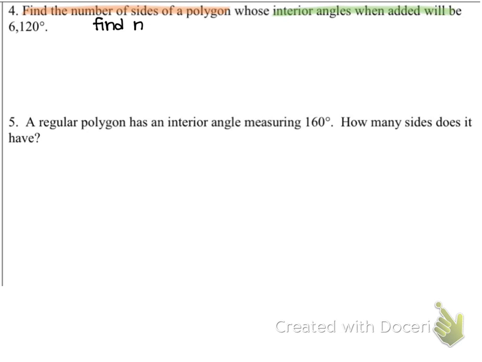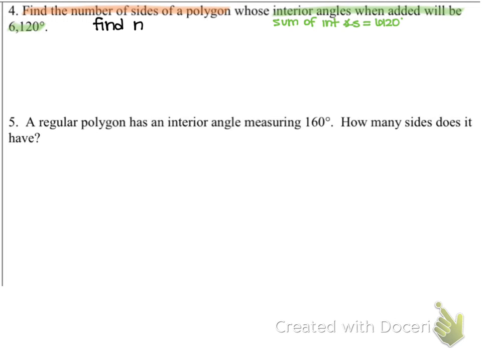Interior angles, when added, will be 6120. So what we're being told here is that the sum of the interior angles is equal to 6120.